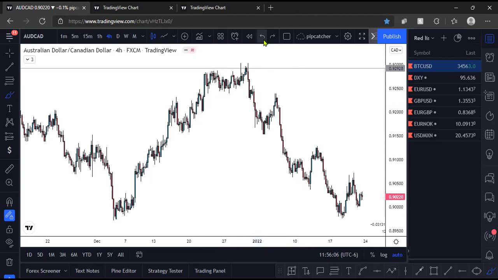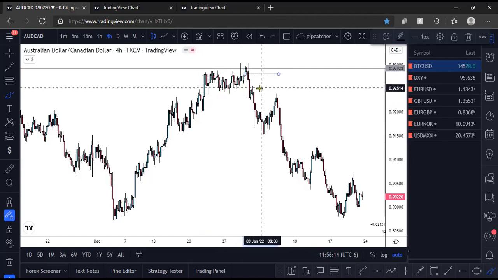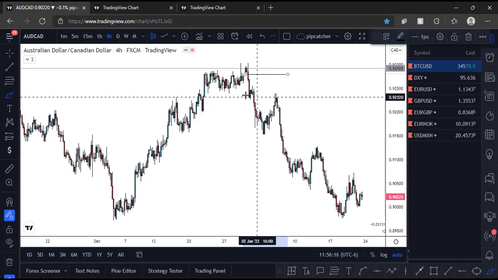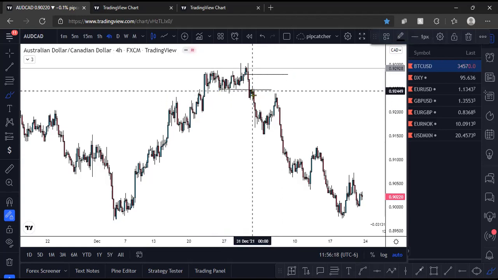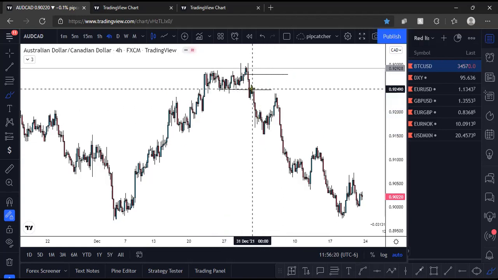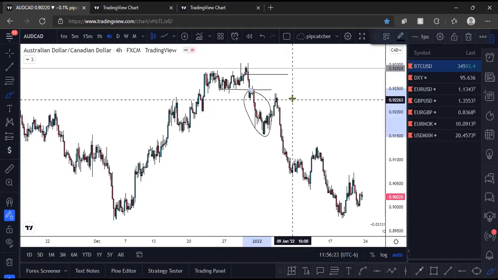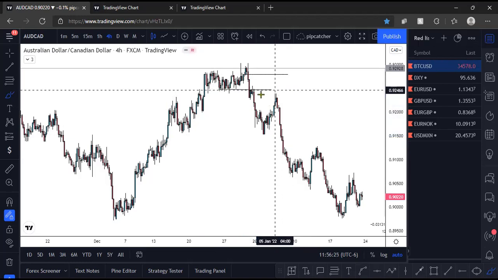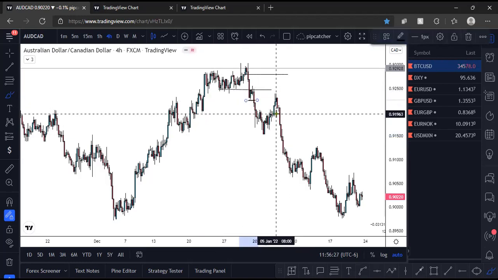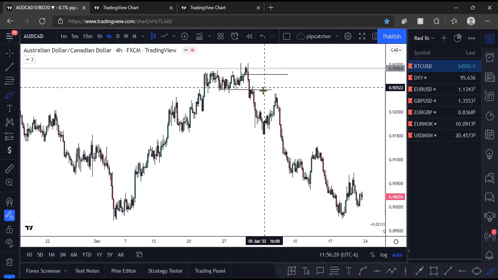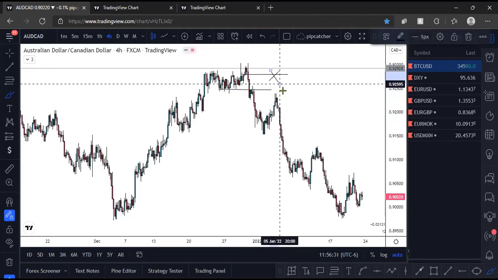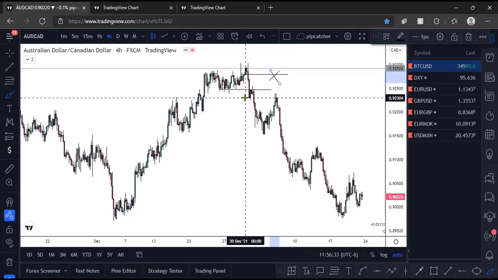Here's how I determine if a level is going to reject from it or not. Say if I'm looking up here first, and price rejects here and gives us a strong push again to the downside, and it broke structure again. Most likely price isn't going to come back to this area.